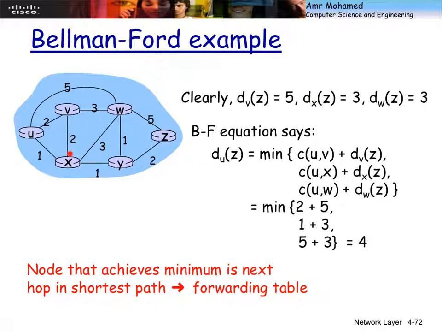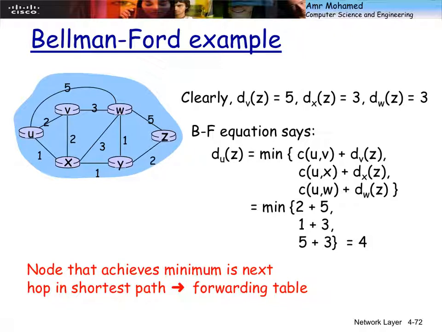And from X to Z, this is clearly 3. And from W to Z, this is clearly 1 and 2. Right? So, again, we did not estimate this based on Bellman-Ford. Bellman-Ford will have to run for several iterations until it estimates this. But assuming that we can calculate this.